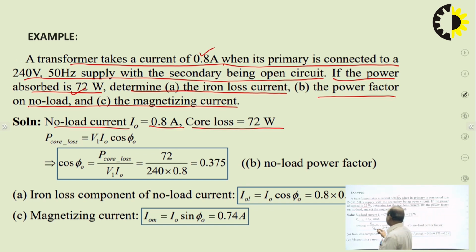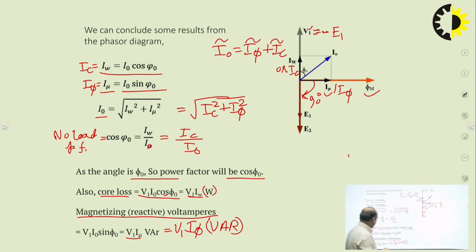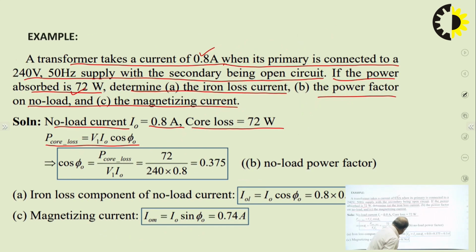Now the core loss is given by V1 I naught cos phi naught, as we have seen in the previous slide. From that, if we put in the values, cos phi naught will be P core loss upon V1 into I naught.